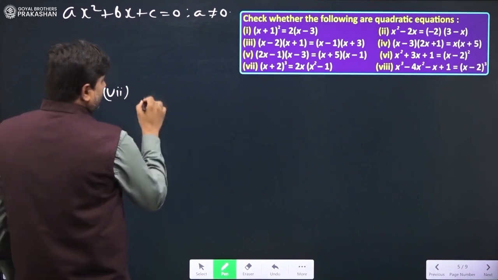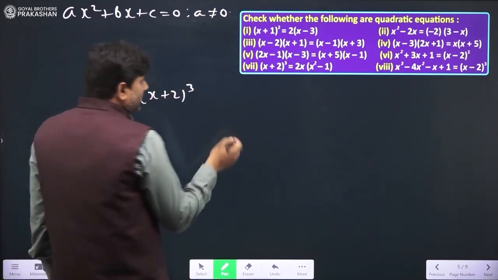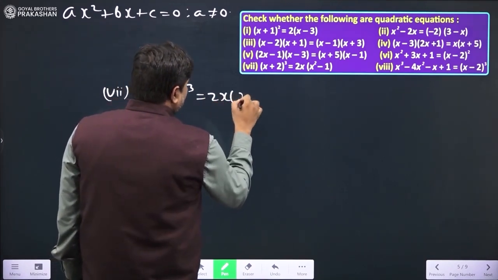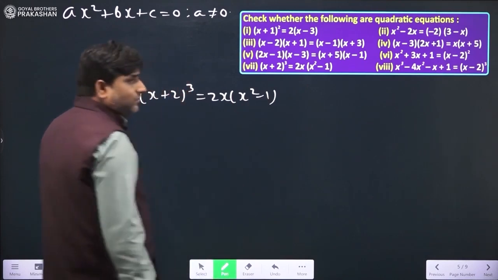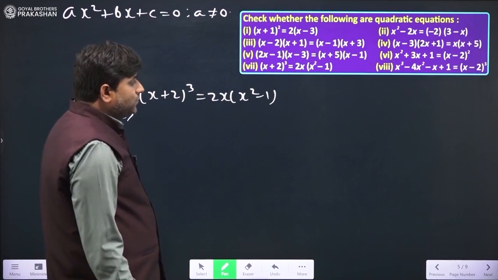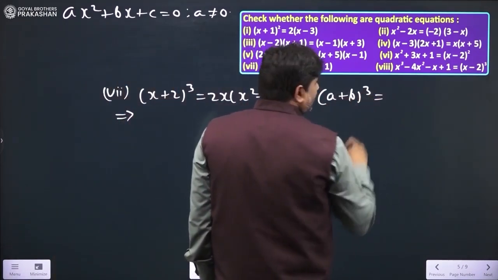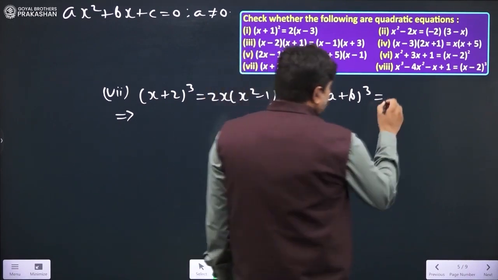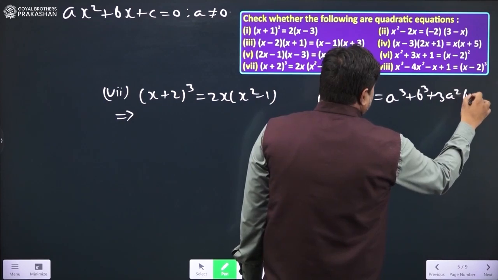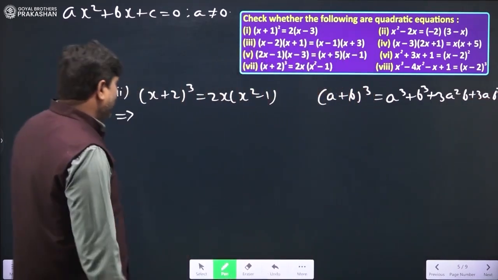Initially it seems that it is a cubic, because when we expand x plus 2 whole cube, a term of x cube will be there, is equal to 2x into x square minus 1. But let us solve, let us simplify. X plus 2 whole cube, so we have to expand with the help of a plus b whole cube formula. And what is a plus b whole cube? It is a cube plus b cube plus 3a square b plus 3a b square.